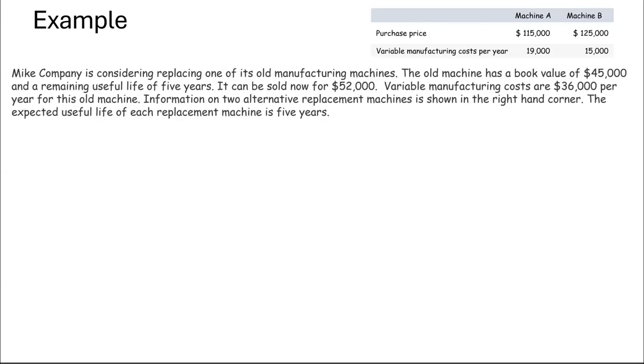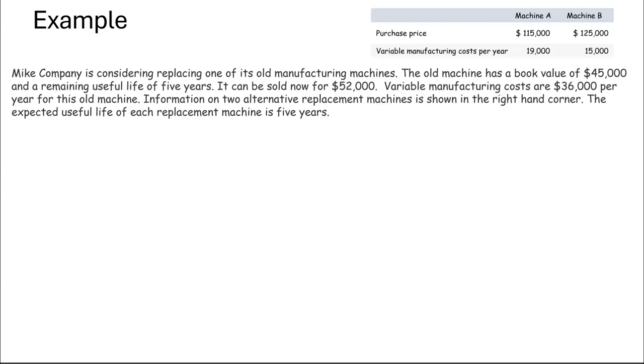My company is considering replacing one of its old machines. The old machine has a book value of $45,000 and a remaining useful life of 5 years. The $45,000 book value is irrelevant. It can be sold for $52,000. That's relevant. Variable manufacturing costs are $36,000 per year for this old machine.